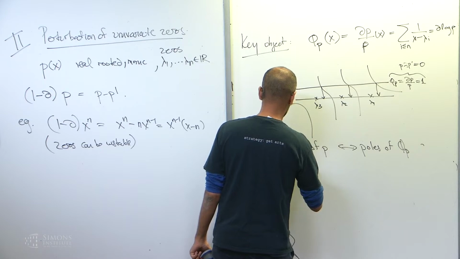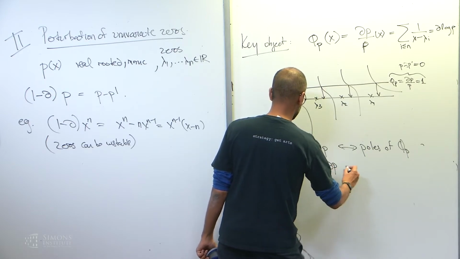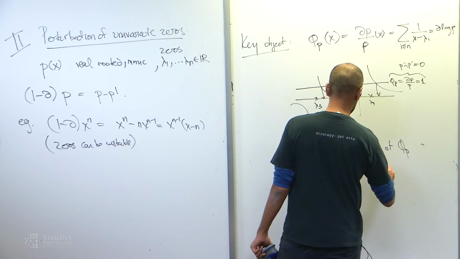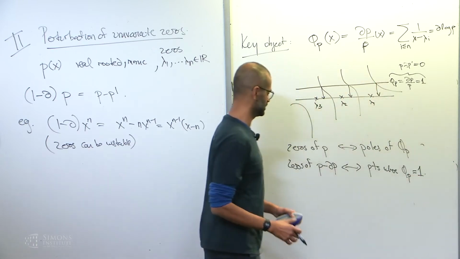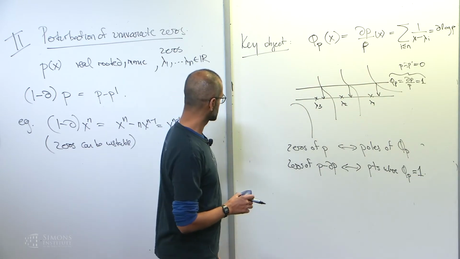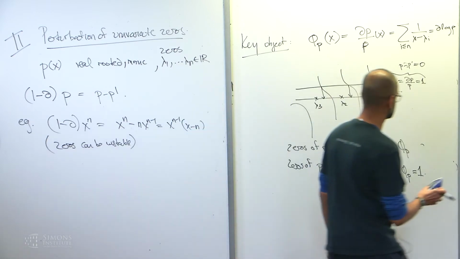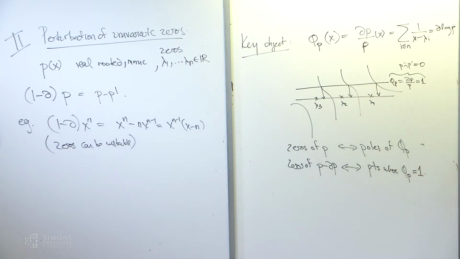So zeros of p minus its derivative correspond to points where this barrier function is equal to 1, as opposed to infinity. Okay? And in fact, you can use this observation to prove upper bounds on the locations of the zeros.